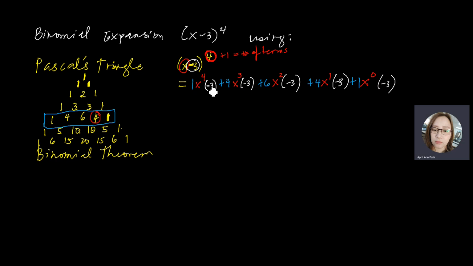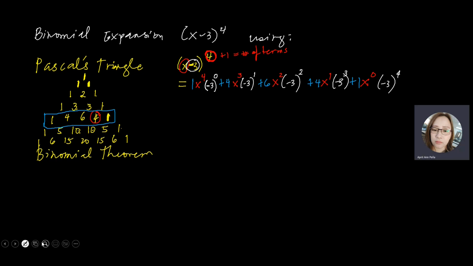For the exponent of the second term, -3, if x started with the highest exponent, which is 4, which is the given, the second term, -3, will start with the lowest, which is 0. Then the rest is already increasing, until you're going to have 4 on the last.